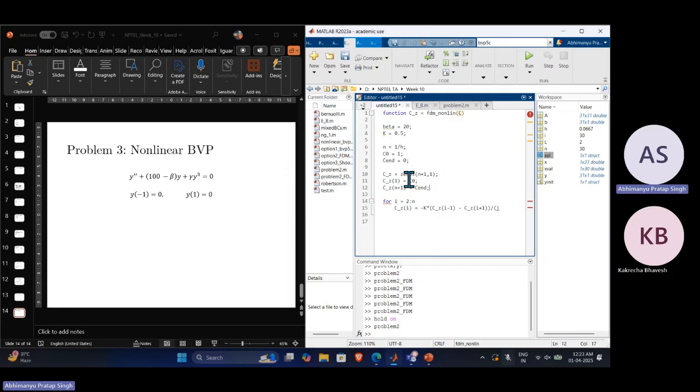So I'm taking as input my C, and let me put DC values. Beta is given to me as 20, K is 0.5, and C0 is given to me. So now DC1 is known, DCN plus 1 is known.